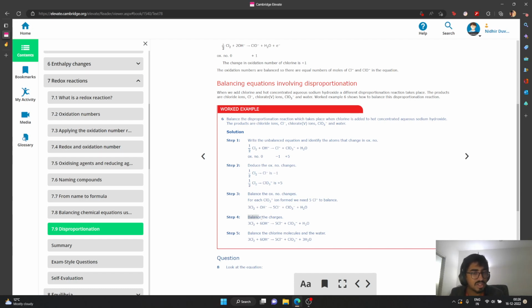and after this you need to do now one more additional step, which is to balance the charges. So you see that, okay, on the left hand side you have a charge of -1, this is a charge of 0, this is a charge of -1, and then on the right hand side you have a charge of -5, and this is a charge of -1, so total of -6, and then this is just -1.